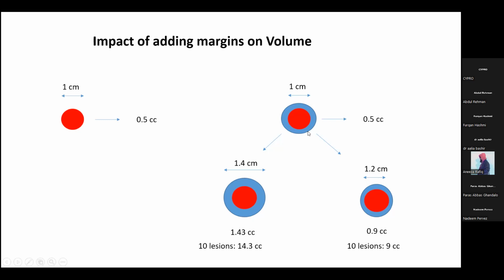But if we are using some other modalities or equipment, like VMAT, and we are not using strict immobilization, we have to use a 2 millimeter margin.